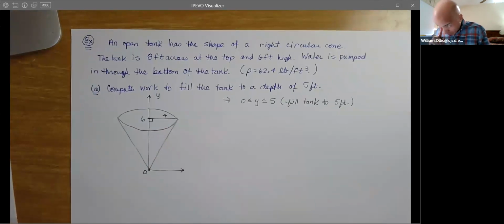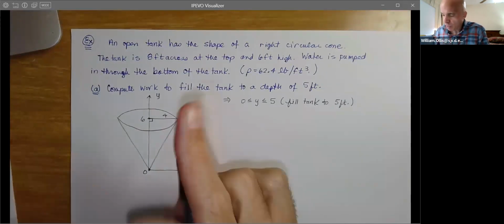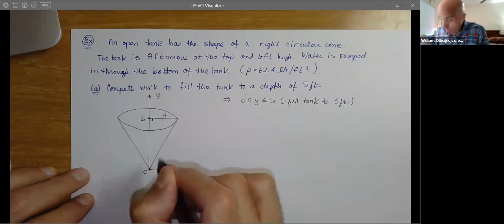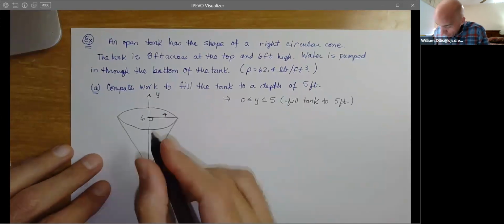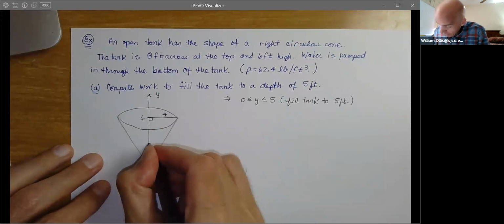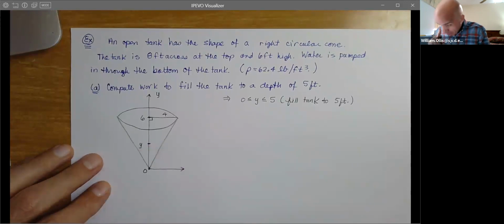Now what we want to do is utilize some geometry to figure out, we look at this problem and we say, well, the radii in this case aren't going to be constant because they're going to vary as we move down, they're going to get smaller. So first, we're going to take a Y here, some distance.